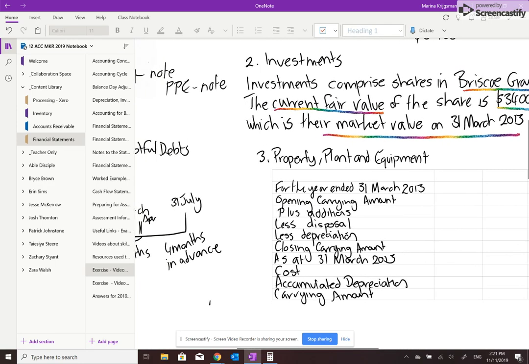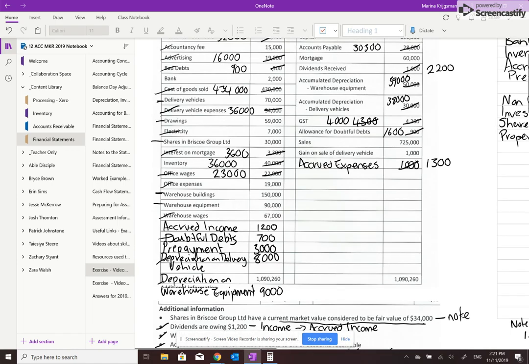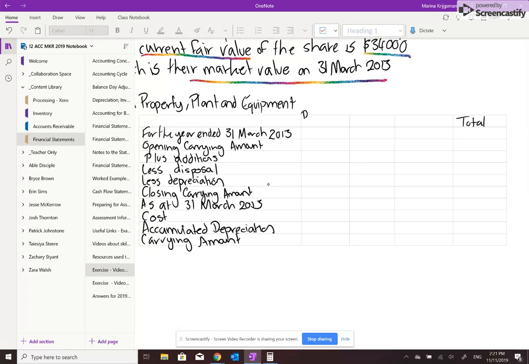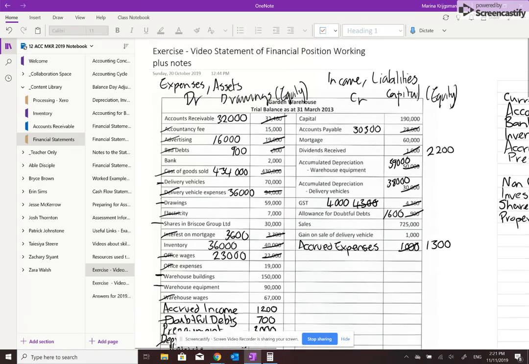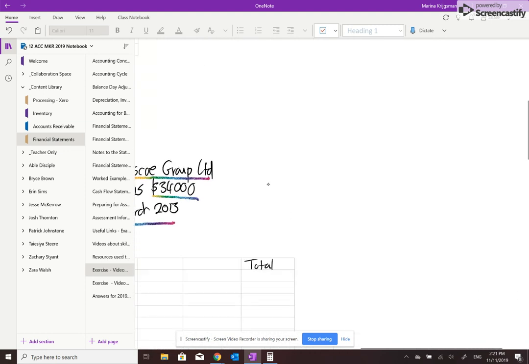So let's have a look what kind of property, plant and equipment we've got here. So we've got delivery vehicles. So we're going to put delivery vehicles in. And we've got warehouse buildings and warehouse equipment.